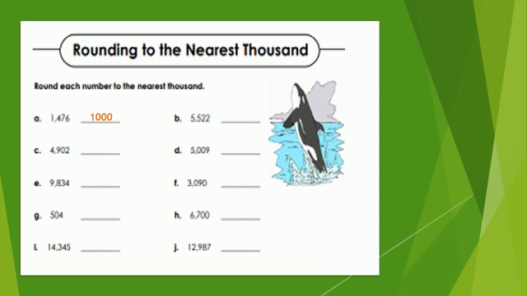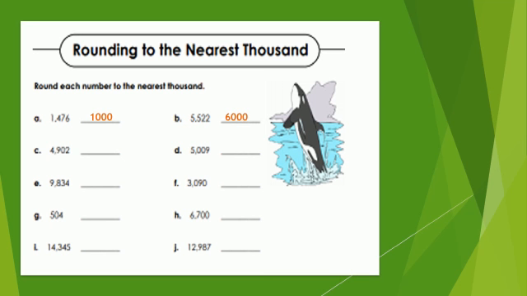Next, 5522. And what number line is being used? 5000 to 6000. Midpoint is 5500. Here the number 522 is more than 500. So what are we writing? 6000. In C, the number is 4902.